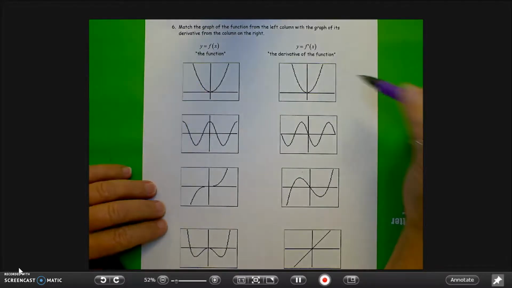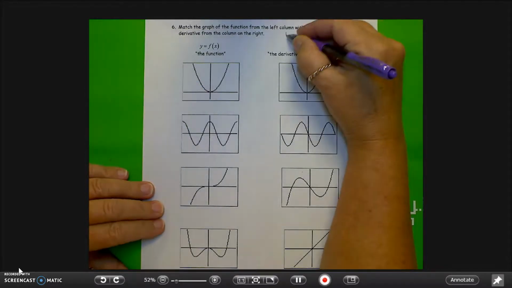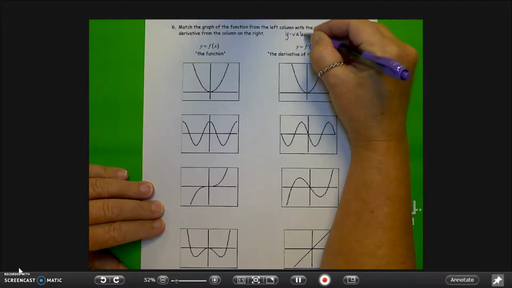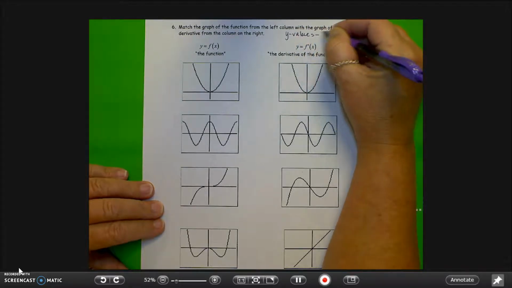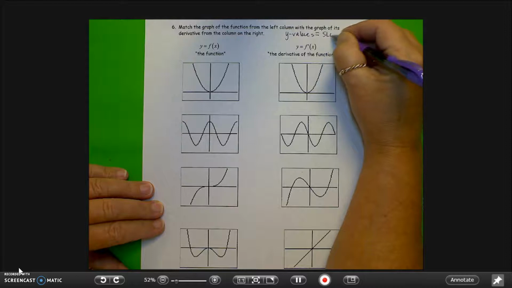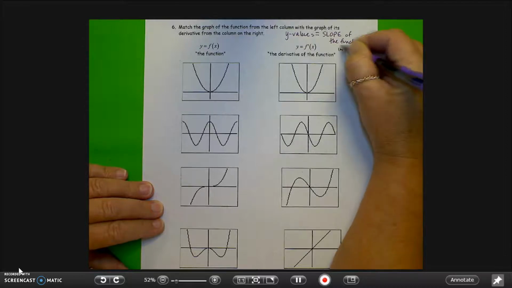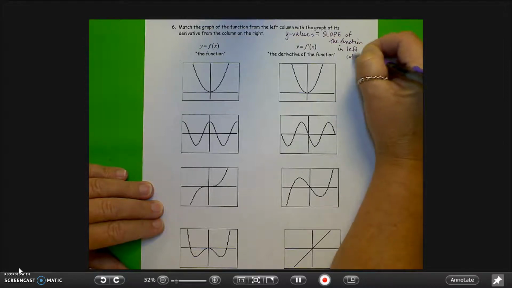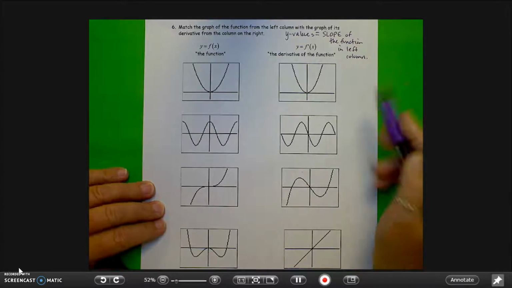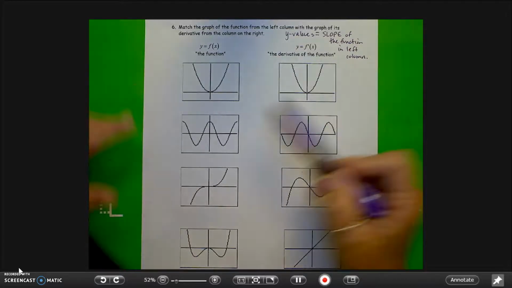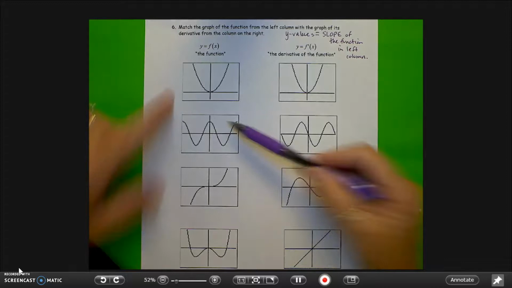Okay, so let's just jot that down so we remember. The y values here are equal to the slope of the function in the left column. So these y values are just slopes from the prior function.